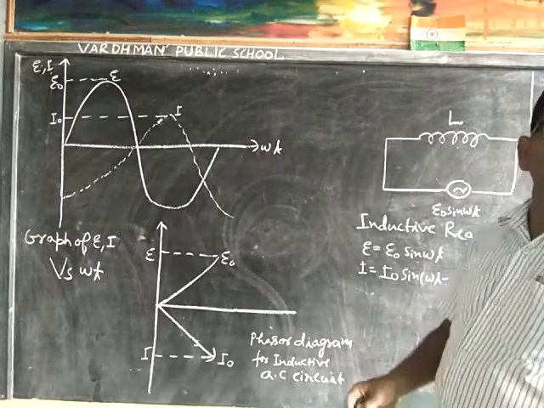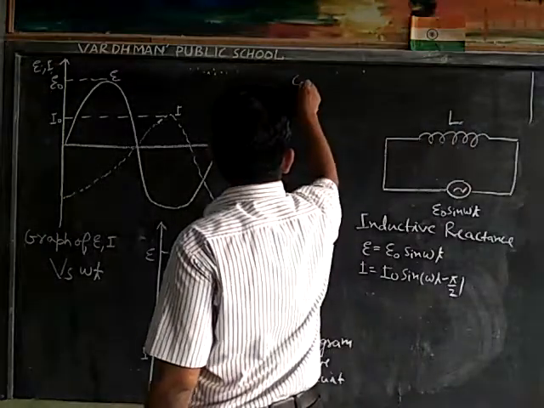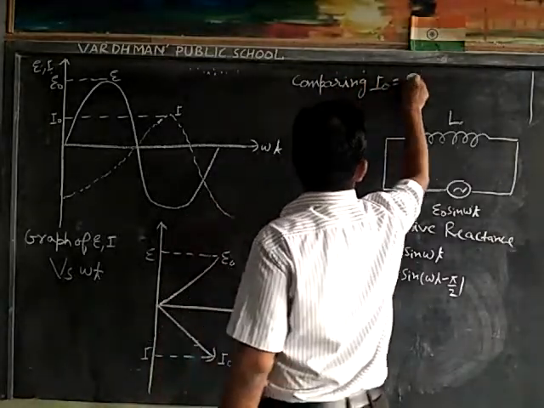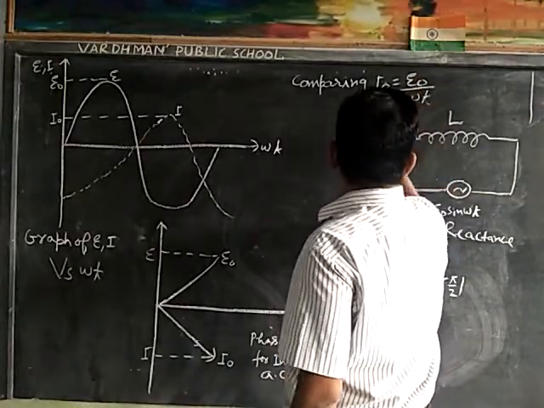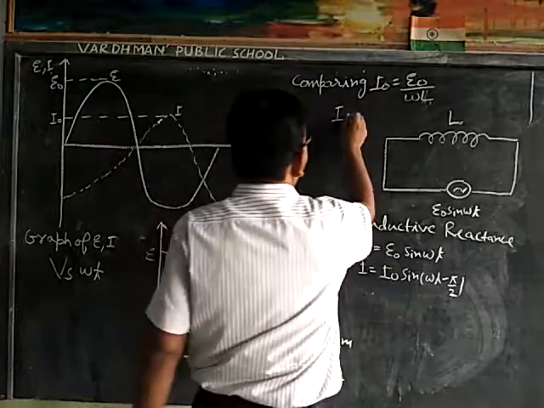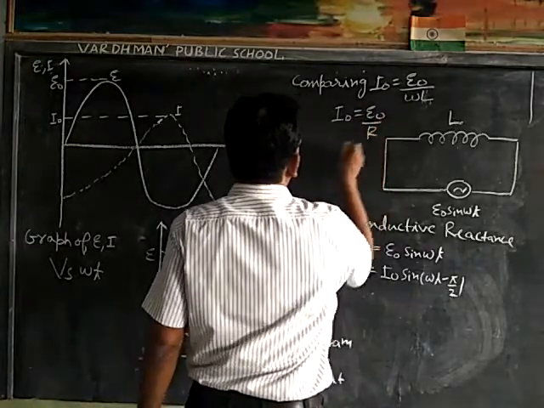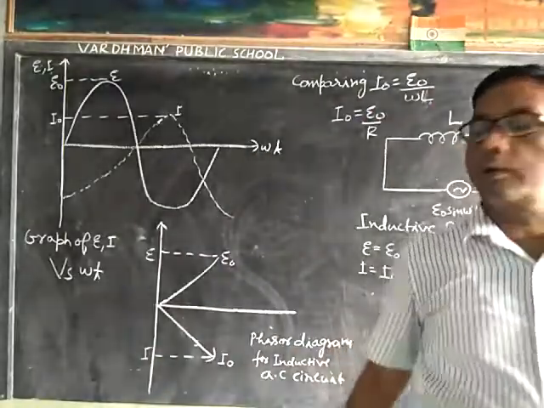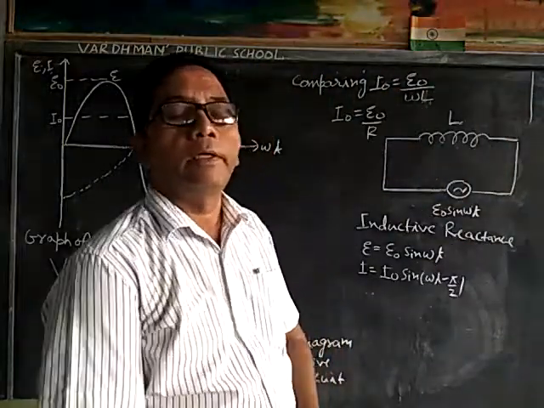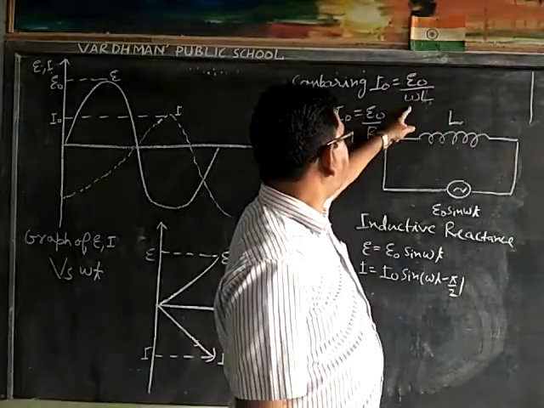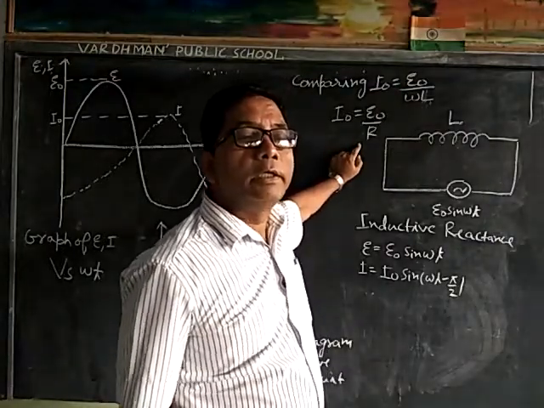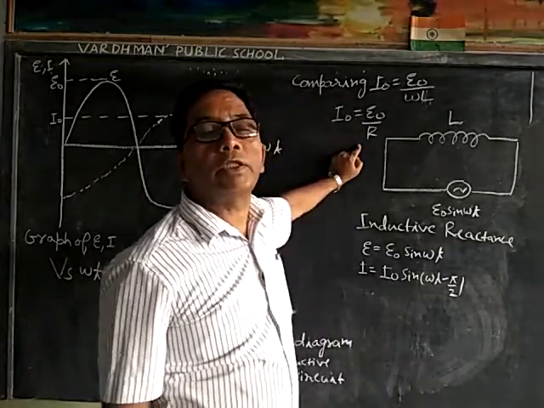We have seen that I0 is equal to E0 upon omega L. Comparing I0 is equal to E0 upon omega L with ohmic resistance, I0 is equal to E0 upon R, we find omega L plays the same role as the resistance R in the resistive circuit.